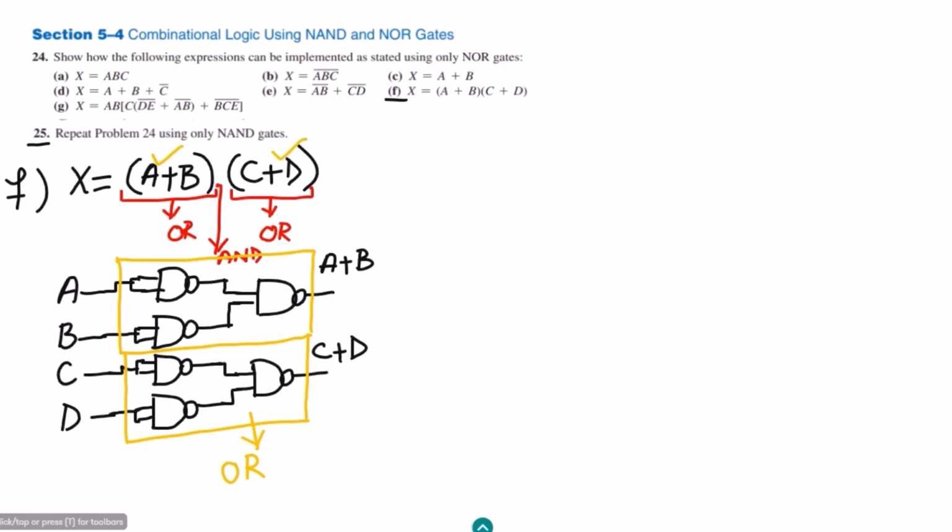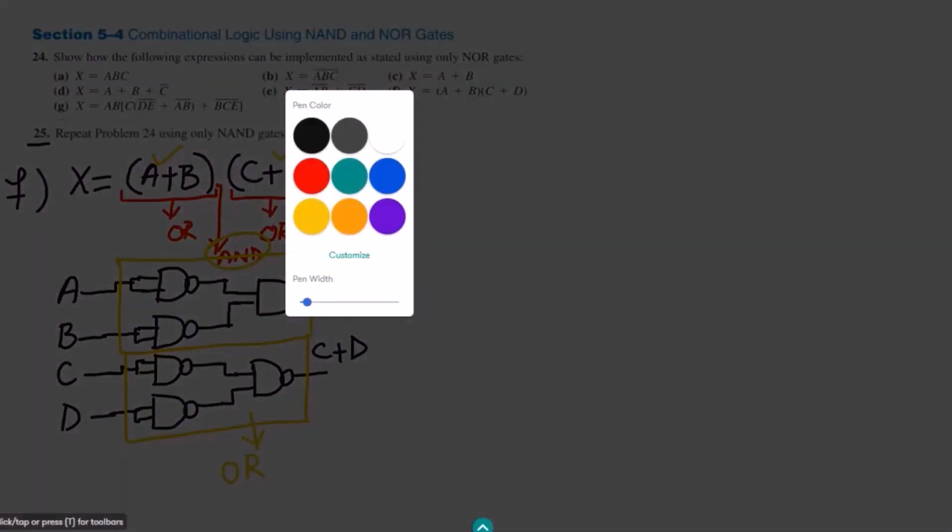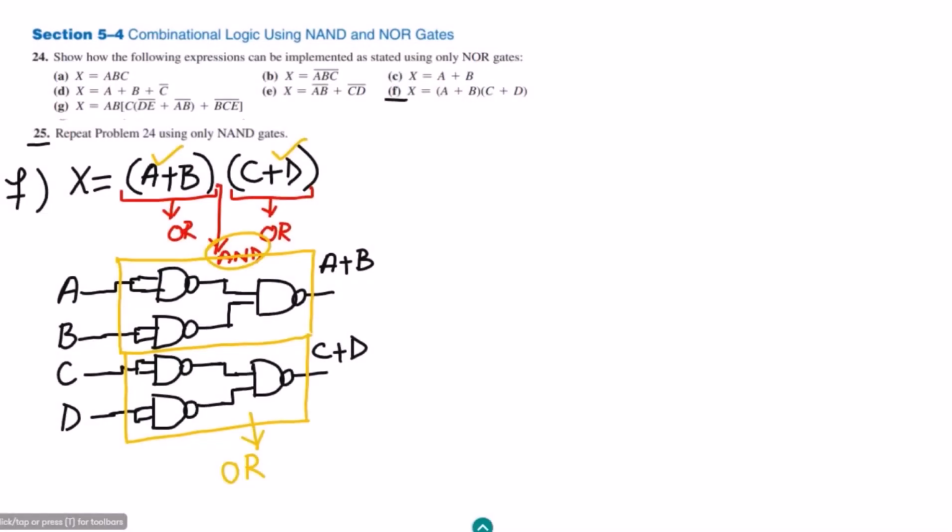Now we have to apply the AND gate here. Let me first apply the two input NAND gate. At the output of this NAND gate we will get the complemented version, which has to be removed by using the NAND inverter. So this is the NAND inverter and the two inputs will be applied.